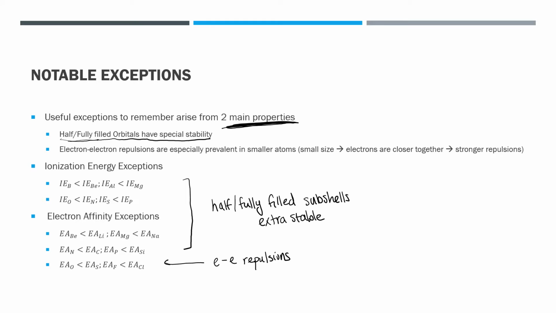So what do I mean by half and fully filled orbitals? Say I have nitrogen, for example. If I draw out the electron configuration for nitrogen, we have helium, and we have 2s2 and 2p3, right? So if I look at my valence electrons, I have 2s2 here and my p orbitals.